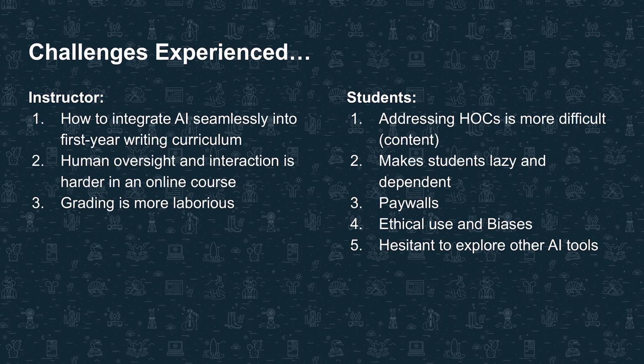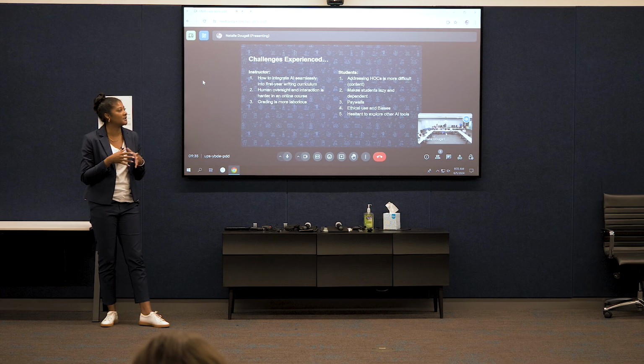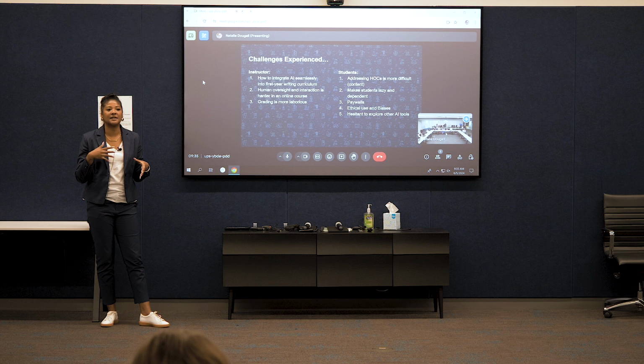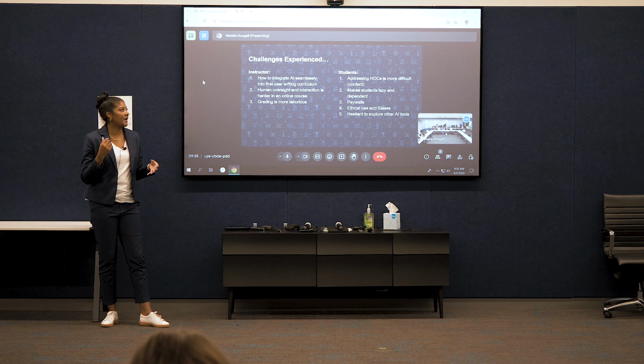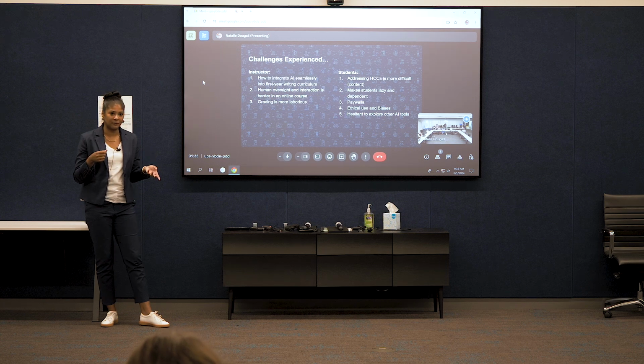And students addressing higher order concerns is a lot more difficult because some students, not all of our students, are just simply replacing what they would write with AI. They just don't really see the value in it anymore. And so teaching revising content is a lot more difficult for them.